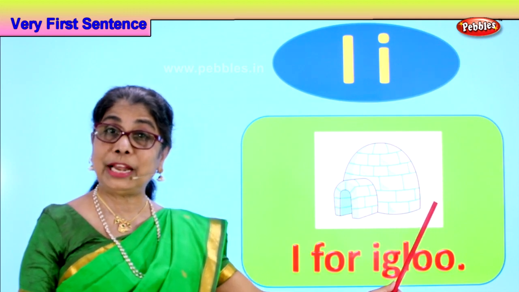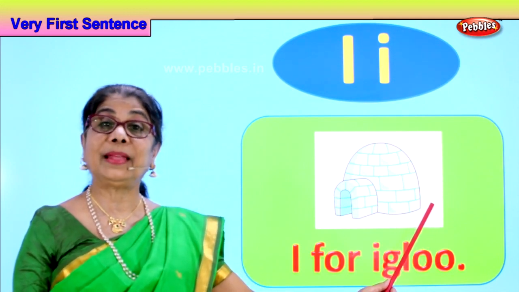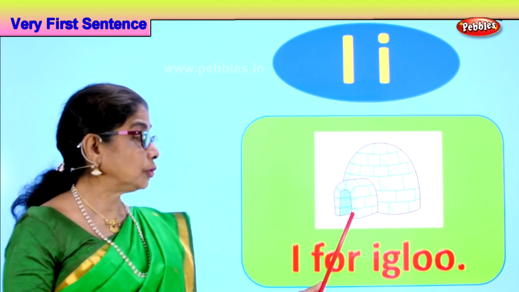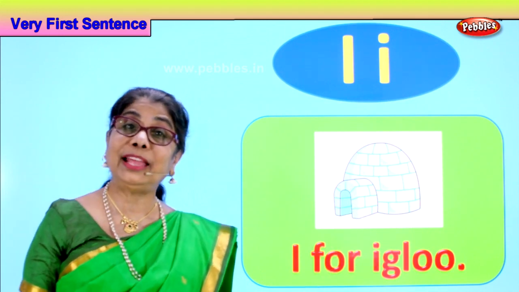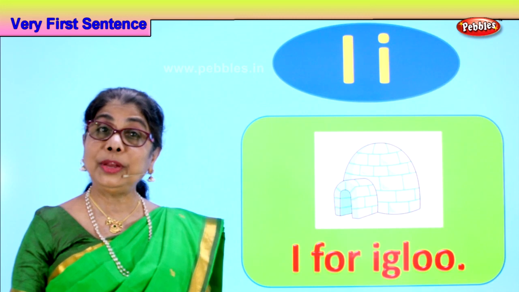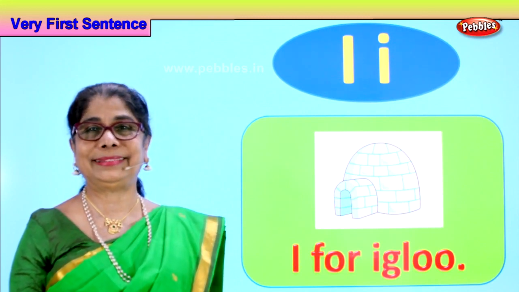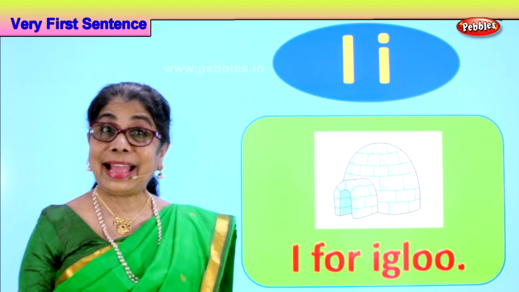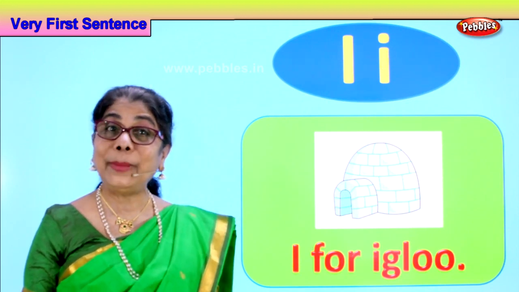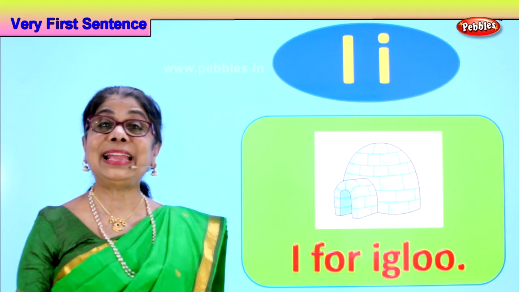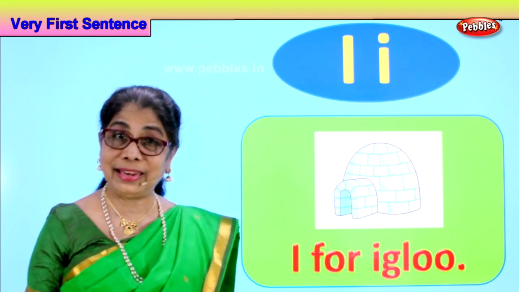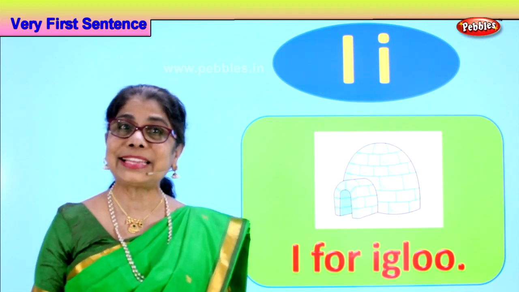This house is made up of ice. They cut up blocks of ice and make their own home. And then when they go inside, it is warm inside. Right? An igloo made out of ice is an ice house to live in by the Eskimos.